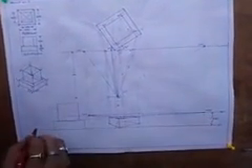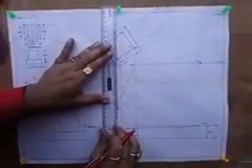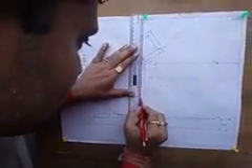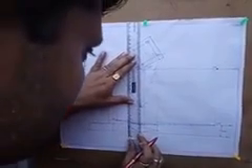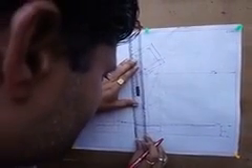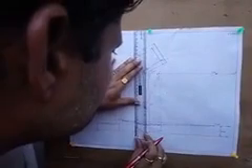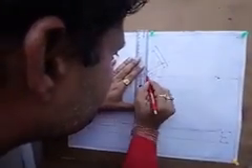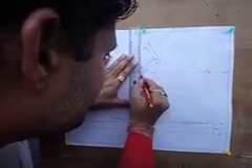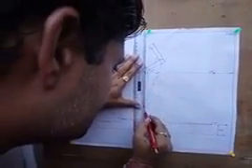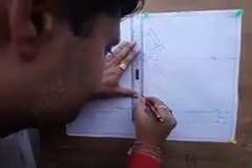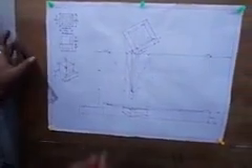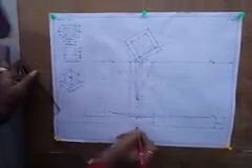Now it is also to be checked by joining 1 1 dash directly to the station point, and this passes exactly through this intersection of 1 1 dash. So you get this 1 1 dash.